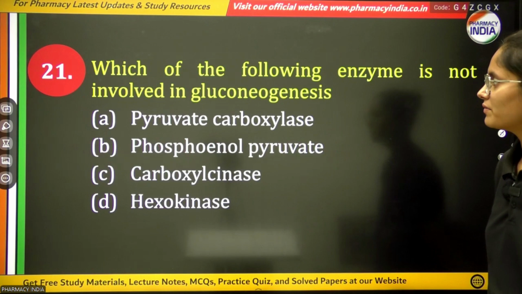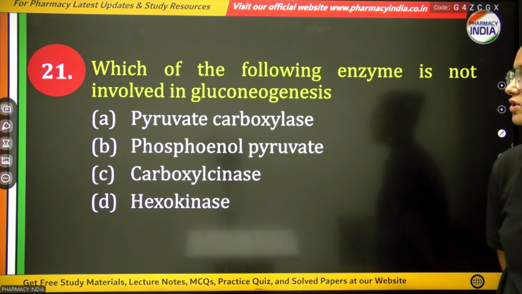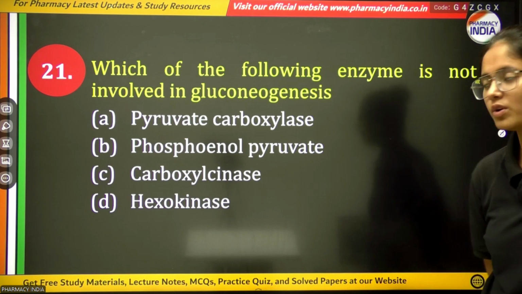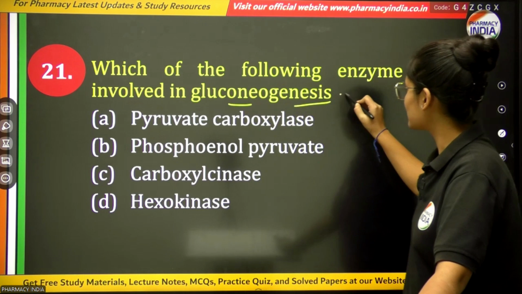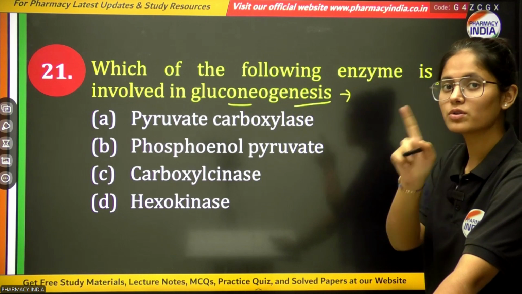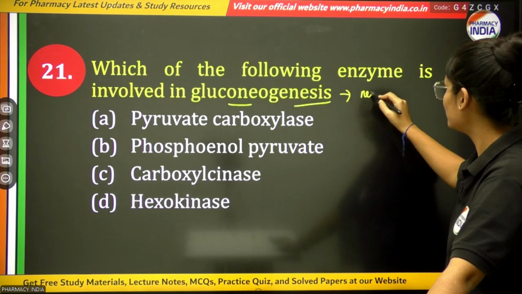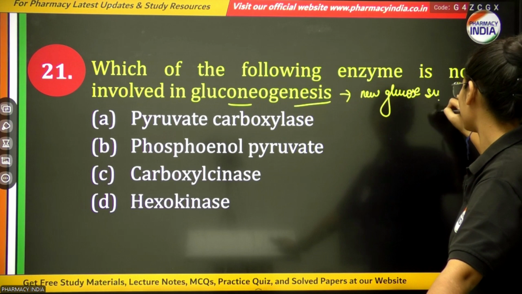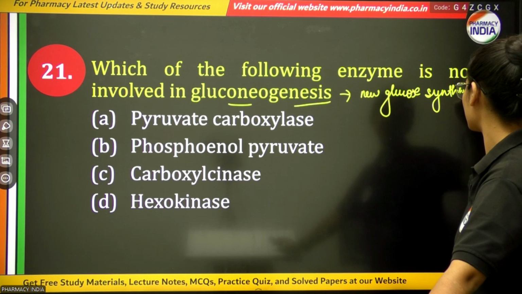Next question is, which of the following enzymes is not involved in gluconeogenesis? What is gluconeogenesis? Gluconeogenesis is the process by which new glucose is synthesized.